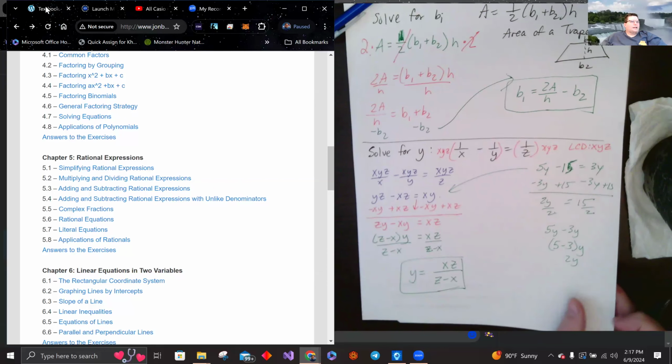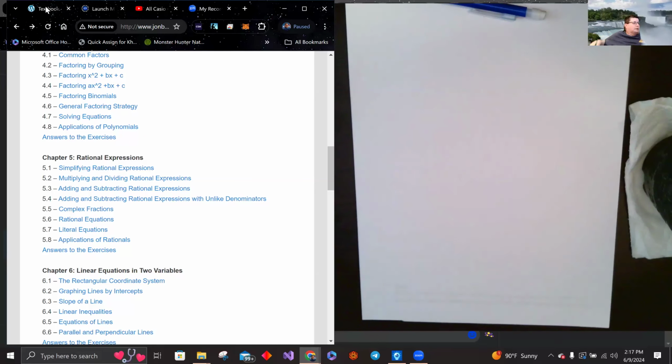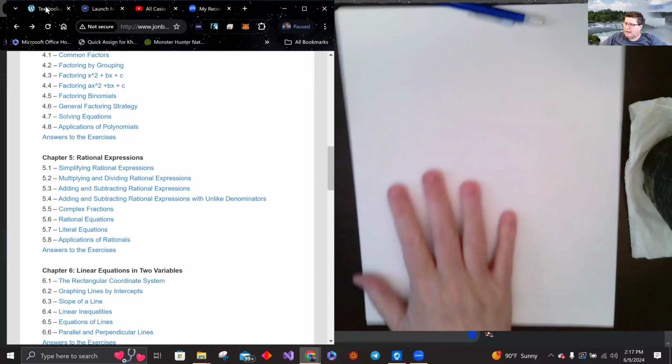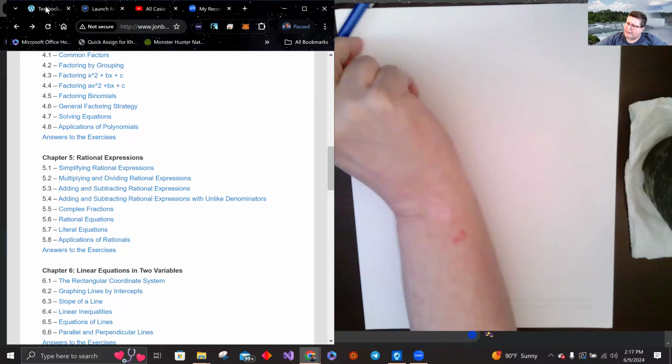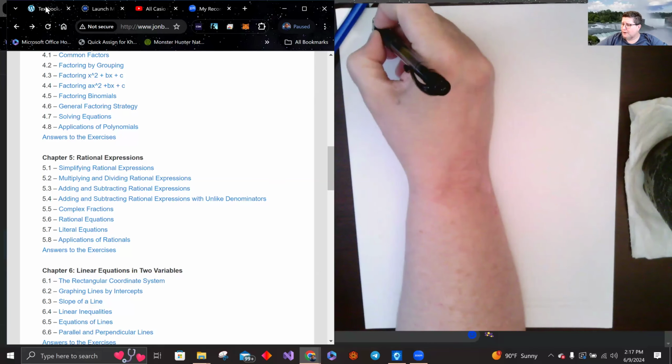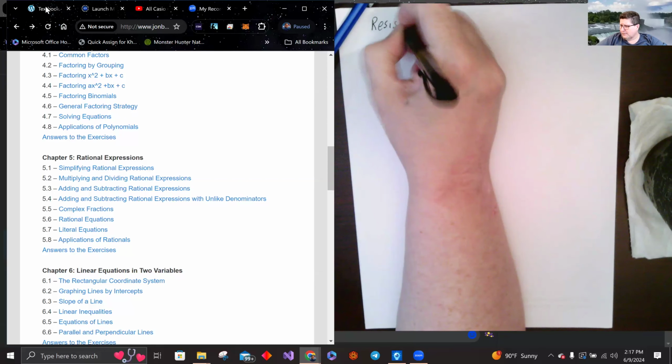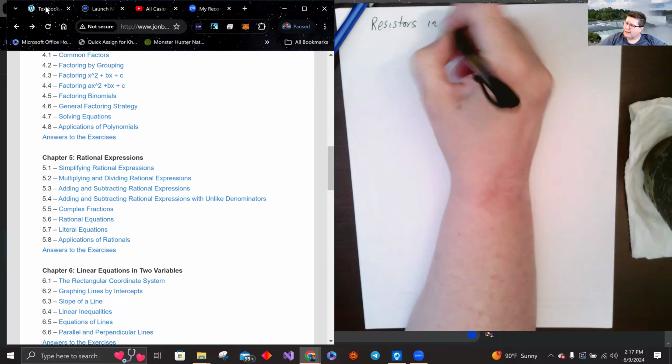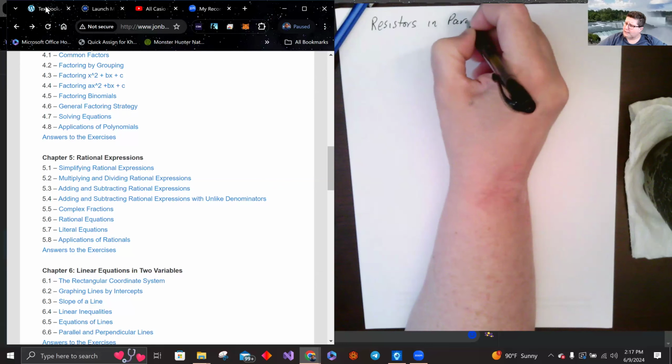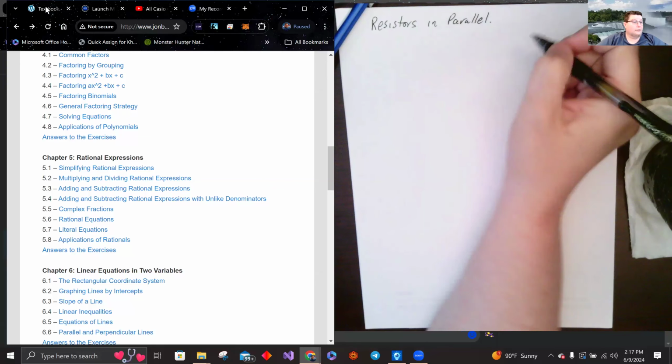Let's give you one to try that's something like this. The following formula is for resistors in parallel in electrical engineering or electricity in general.